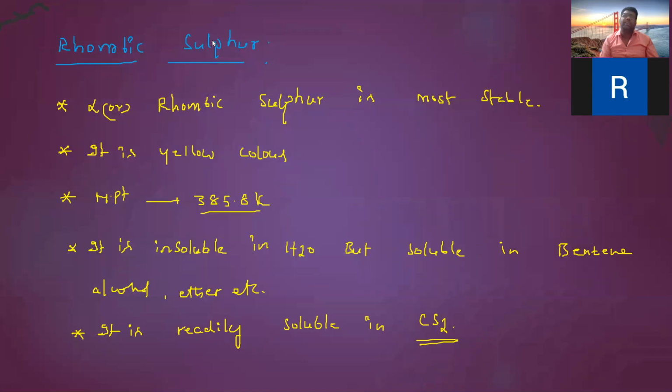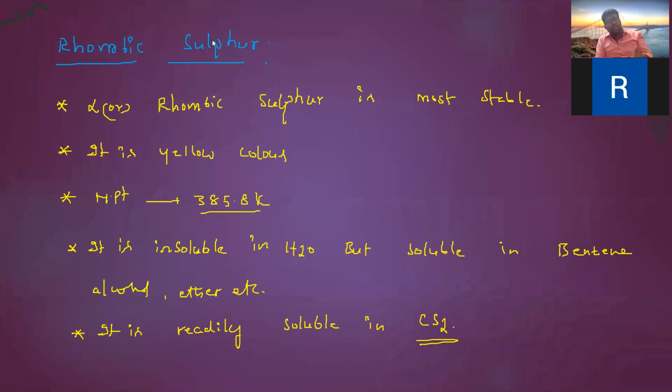So in inorganic chemistry, what is the advantage, students? To observe every group element, from s-block to p-block, you can read each and every point. You can memorize them more than 10 times.